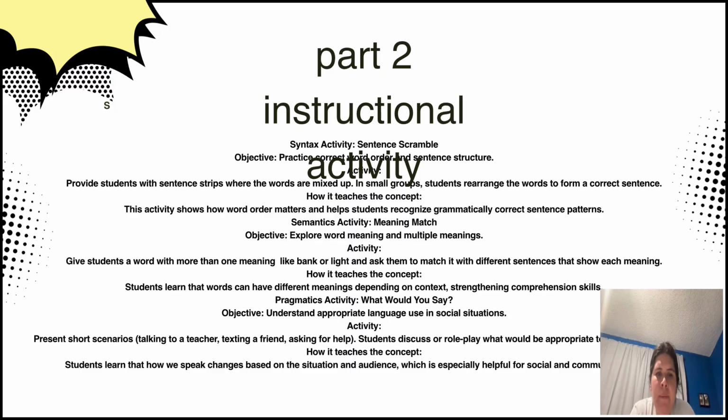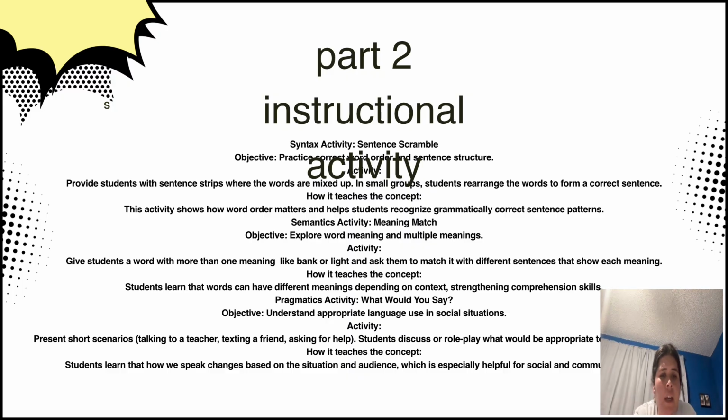For the semantic activity, meaning match, I wanted to dive into matching because when I was in elementary, I used to match a lot of words, and I've noticed that a lot of students get a better understanding of how they build their vocabulary and the meaning behind how they can tell the definition of something.